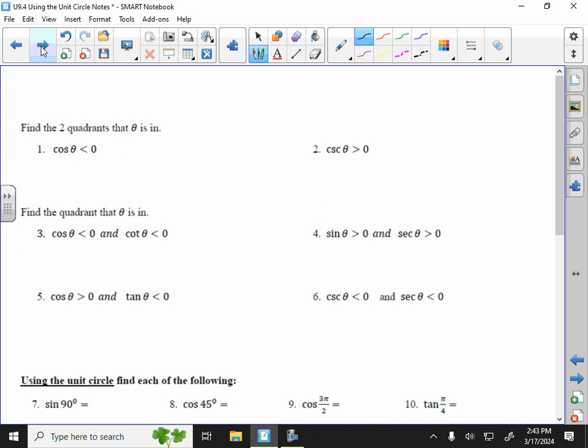All right, so now we're going to look at finding what 2 quadrants make this inequality true. Again, think of "all students take calculus." So in question number 1, we want to know, when is cosine less than 0? Cosine refers to the x-coordinate, and less than 0 means negative.